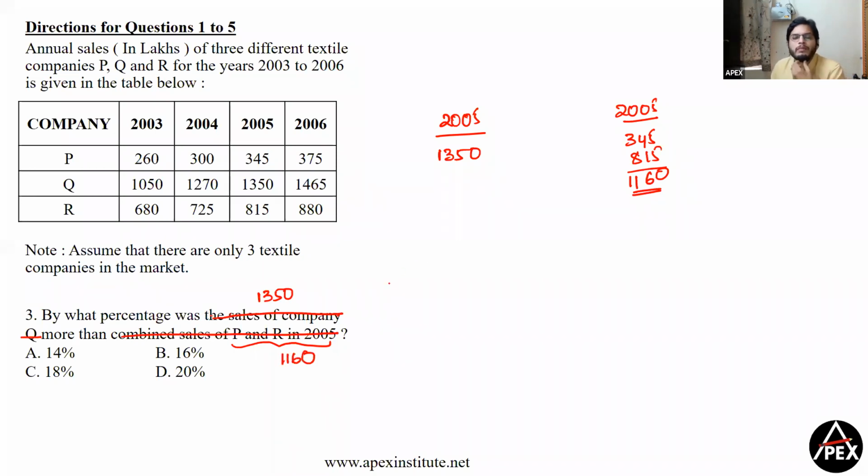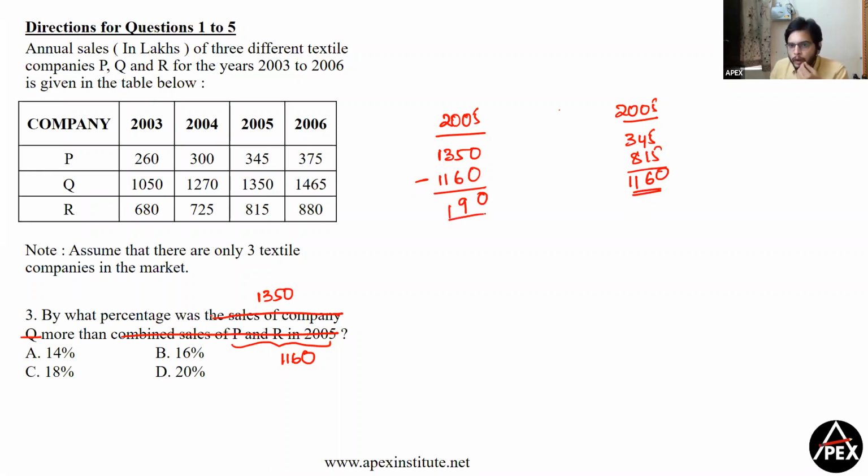Now this question becomes simple. By what percentage was 1350 more than 1160? First, let us find out by how much 1350 is more than 1160. It is 190.